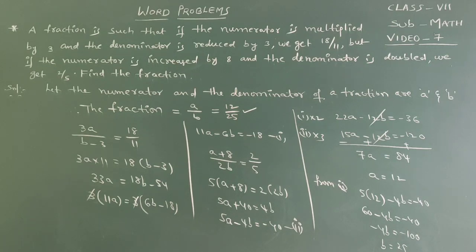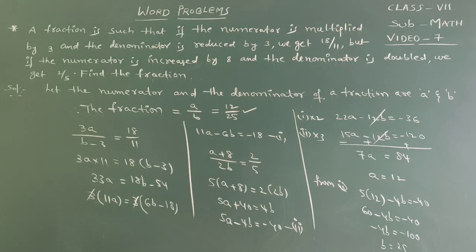Fraction is a by b. Here again the first condition, the numerator is multiplied by 3, 3a, the denominator reduced by 3, b minus 3 equal to 18 by 11. By using cross multiplication, after simplification we got 11a minus 6b equal to minus 18 as the first equation.